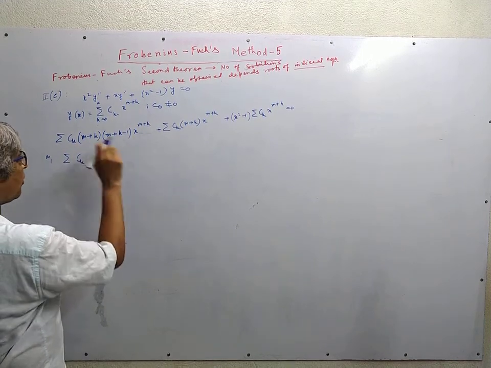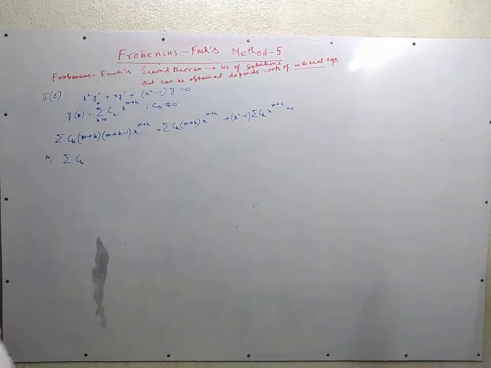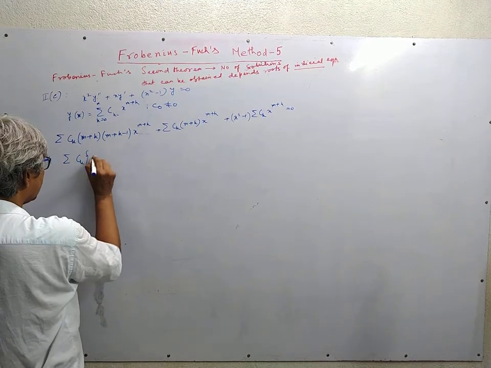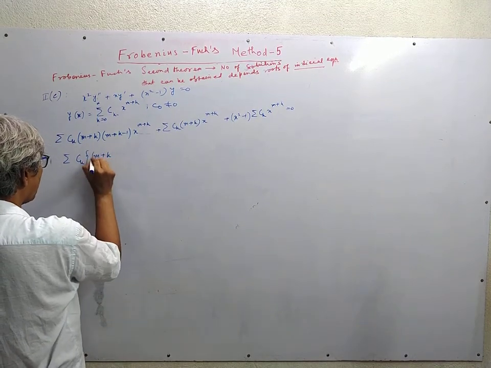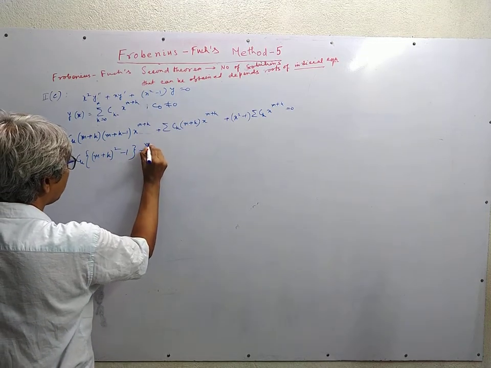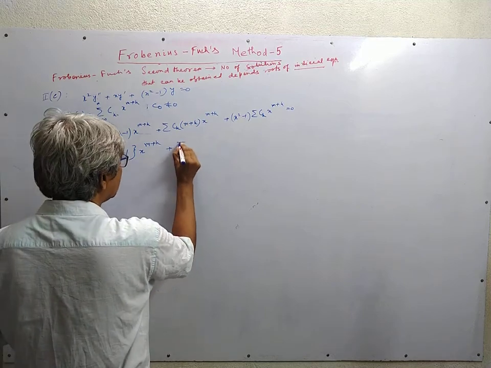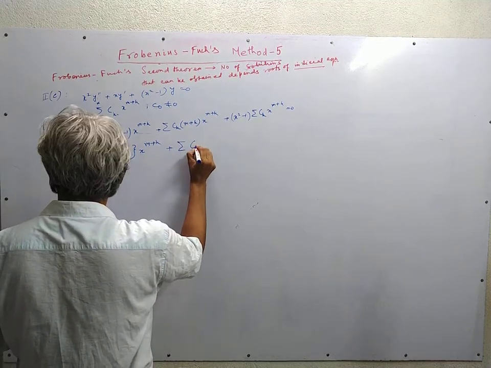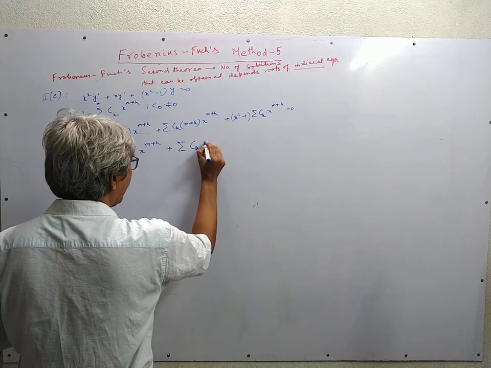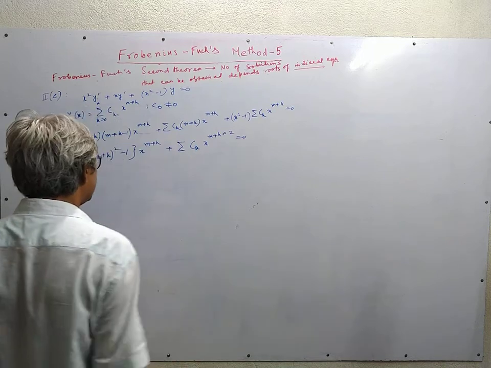If we take all this term, and this last term has the power x to the power m plus k. If we couple this, it is m plus k whole square minus 1 x to the power m plus k plus ck x to the power m plus k plus 2 is equal to 0.